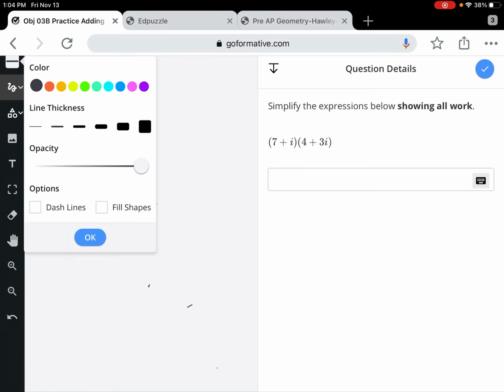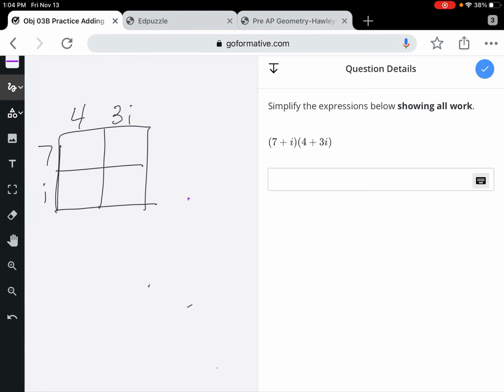It doesn't matter which side you put what on, just as long as the 7 and i are paired on one side and the 4 and 3i are paired on the other. 4 times 7 is 28, 7 times 3 is 21i, 4 times i is 4i, and then we have 3i times i, which is 3i squared. I can combine these. These are like terms. They both have i in them.